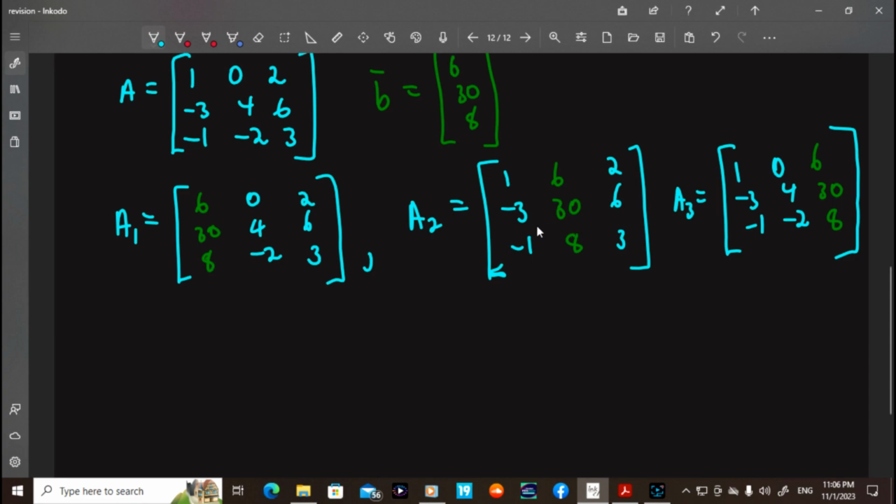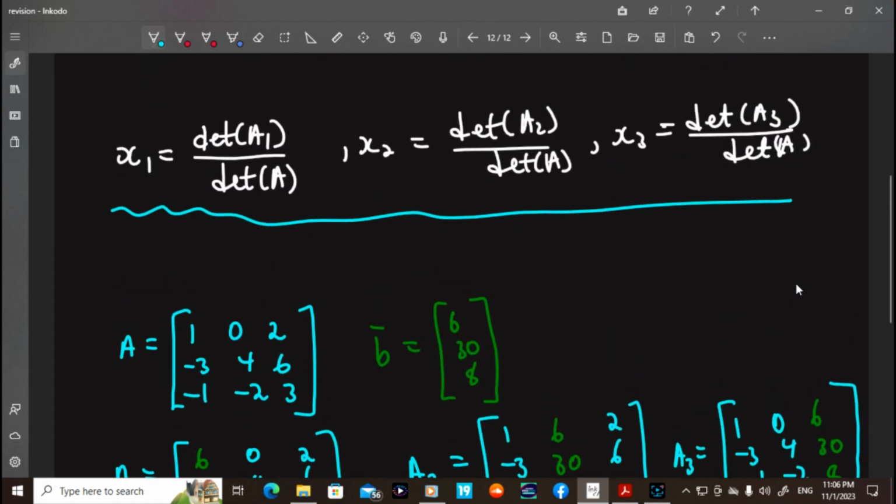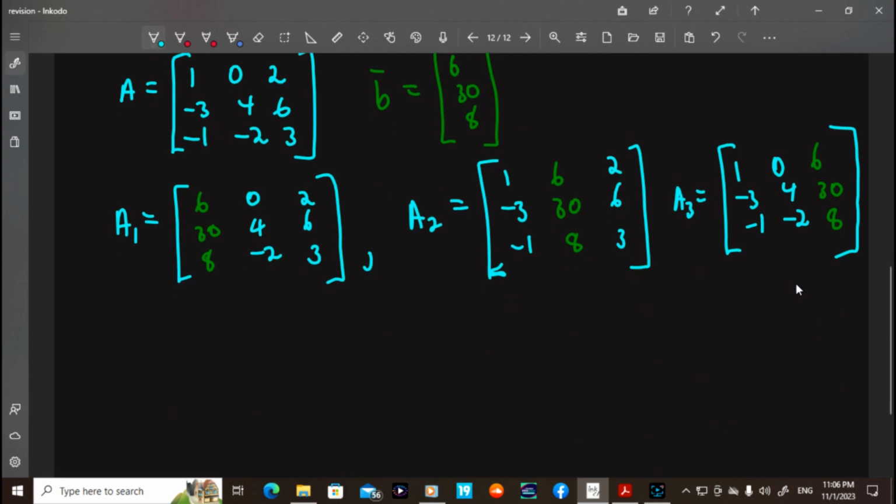You can calculate A2 and A3 as an exercise. So let's start by calculating the determinant of A first.